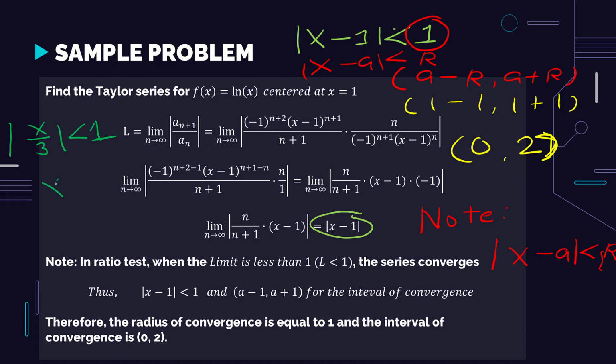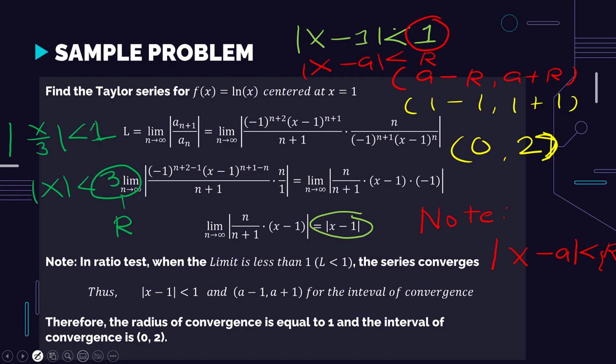So we have the absolute value of x less than 3. At this form of inequality, the radius of convergence will be 3. So that's how you get the radius of convergence.